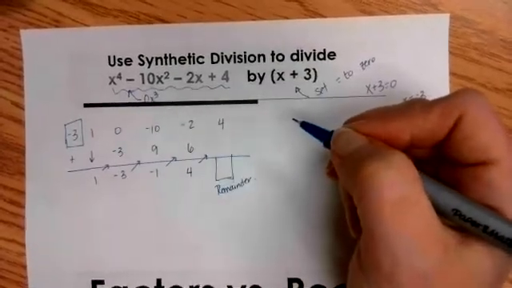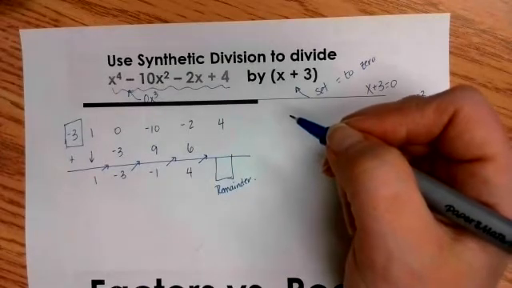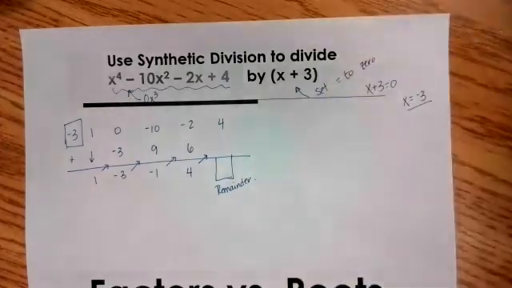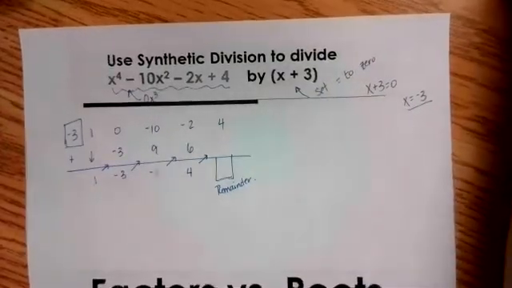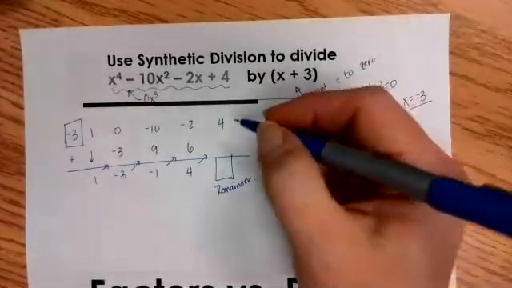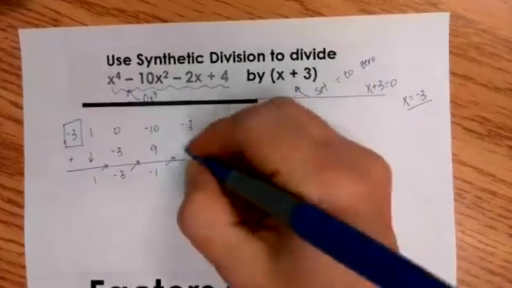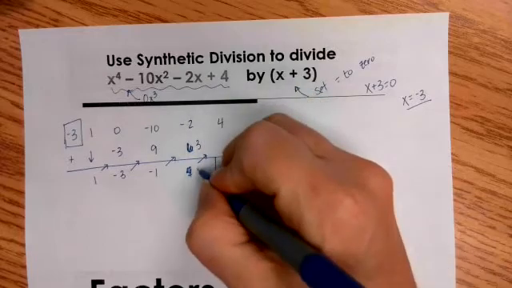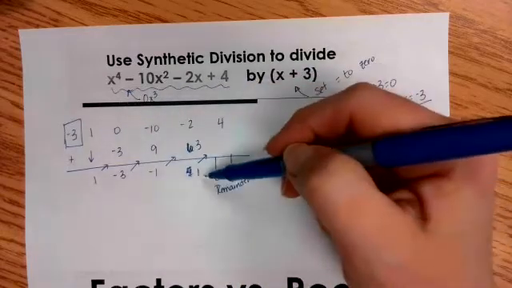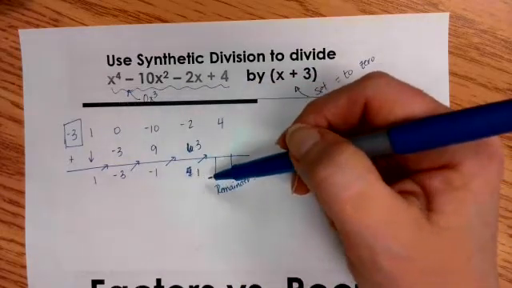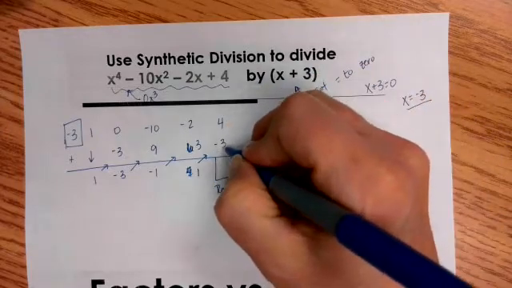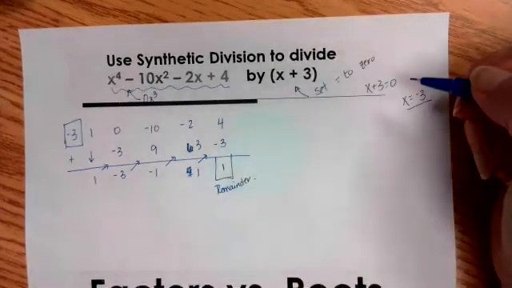I feel like I did something wrong here. All right, I found it. Negative 3 times negative 1 is a positive 3, not 6. And then bring down a 1, negative 3 times the 1 is negative 3. And so I get a 1.